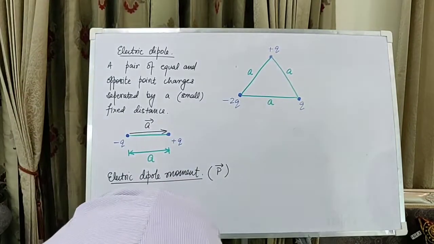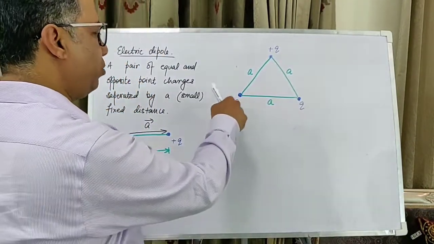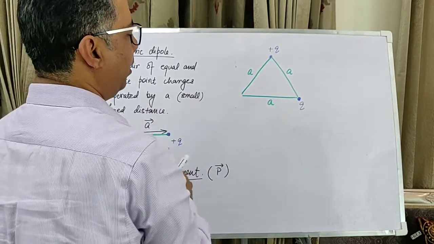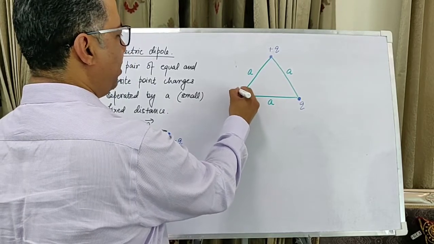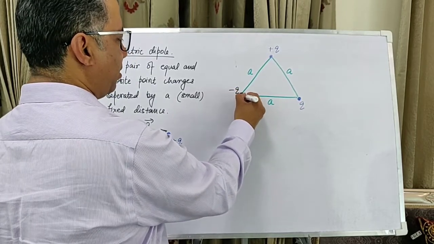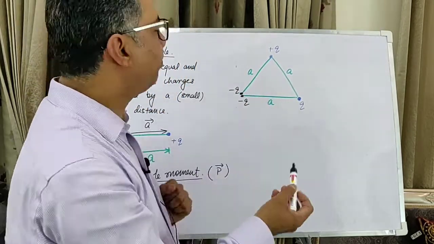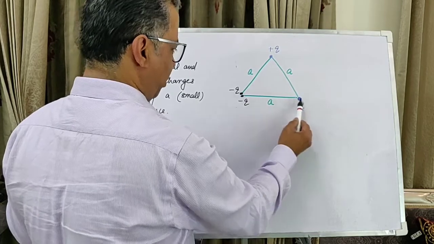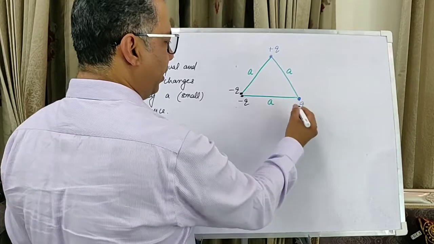Now what we can do pretty easily is divide this minus 2q into 2 point charges, minus q each. So this one's minus q, the other one is also minus q, so it's still minus 2q. And now we have 2 pairs of equal and opposite charges.